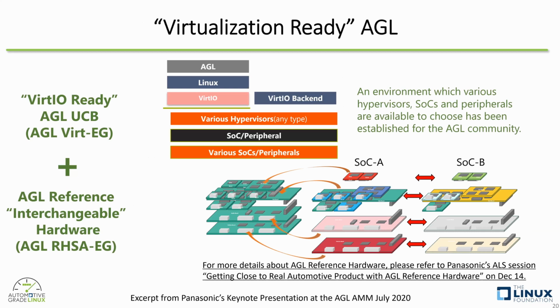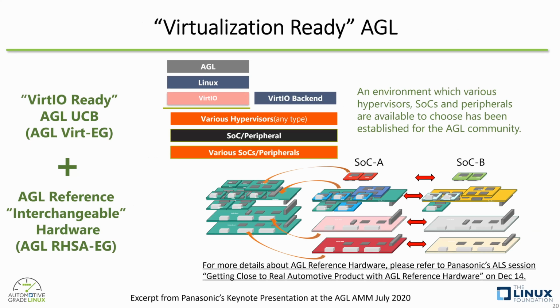On the other hand, our Virt-EG is continually developing our software on the AGL reference hardware. The AGL reference hardware itself uses a modular structure, as shown in the bottom picture, where the SOC modules and the various peripheral modules can be replaced easily.